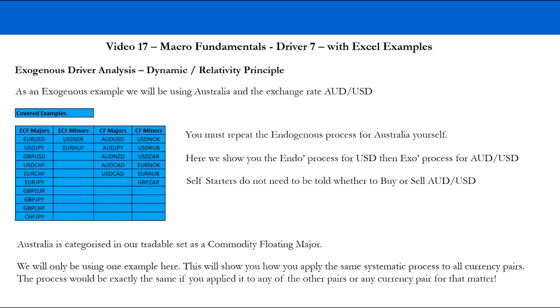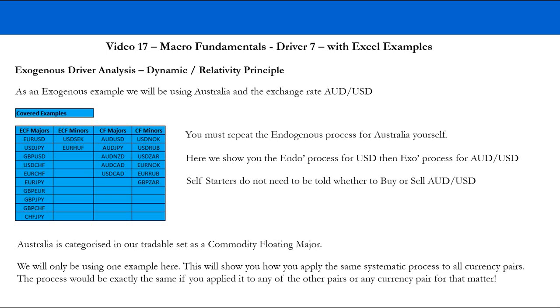Now, one thing we've just got to cover here quickly is something that we've touched on earlier in the video series and on a couple of occasions throughout, which is an exchange rate. You can't basically buy another currency without selling another first. It's very important to know that and remember it when we're going into the exogenous analysis, because in the endogenous analysis, we're looking at a currency in its entirety. Now the dynamic relativity principle applies.